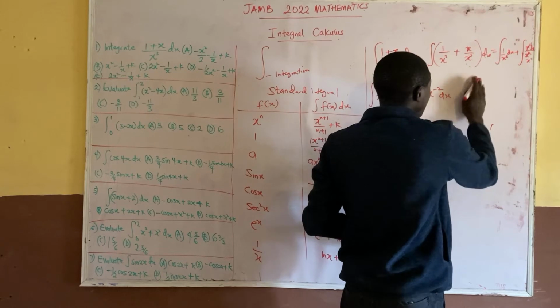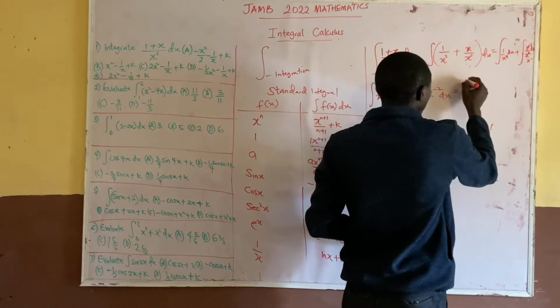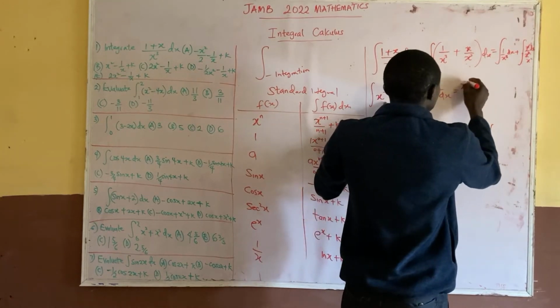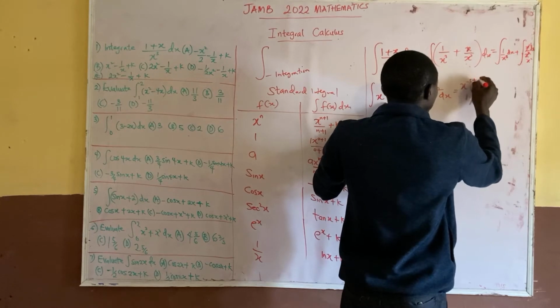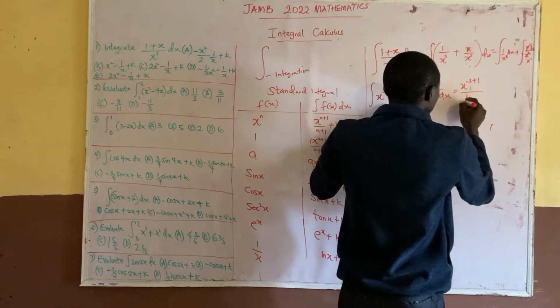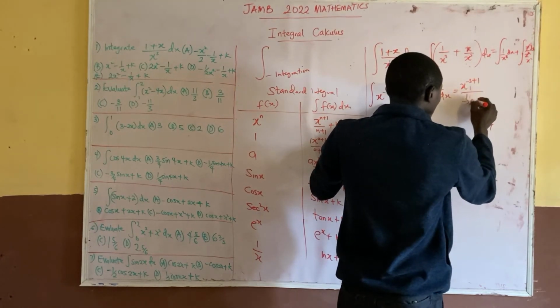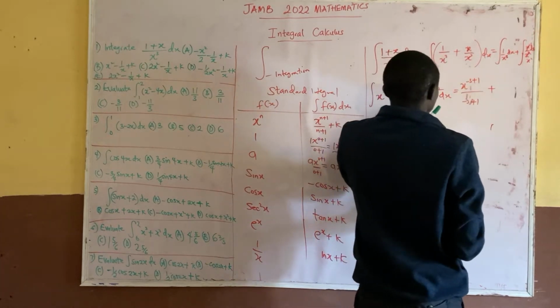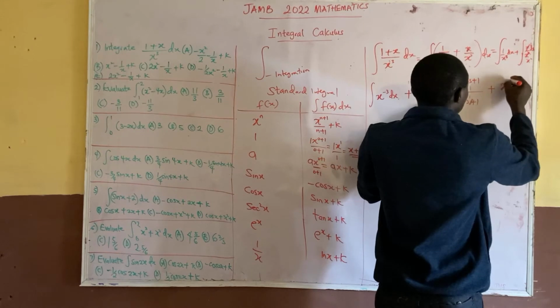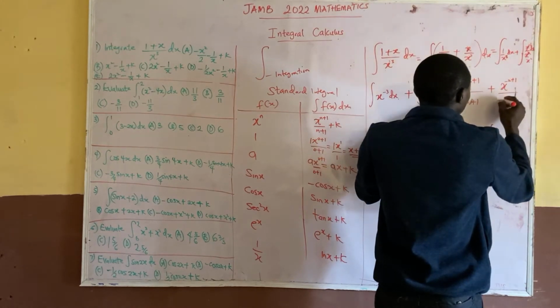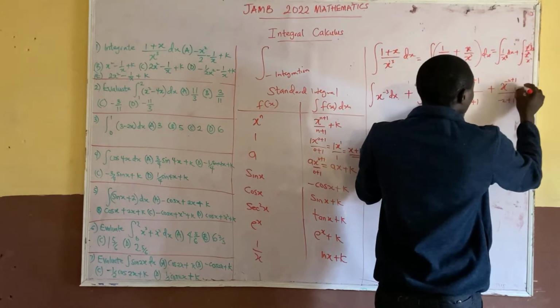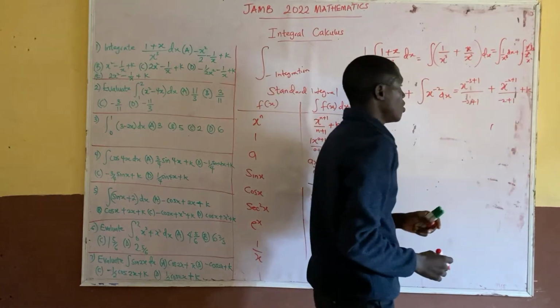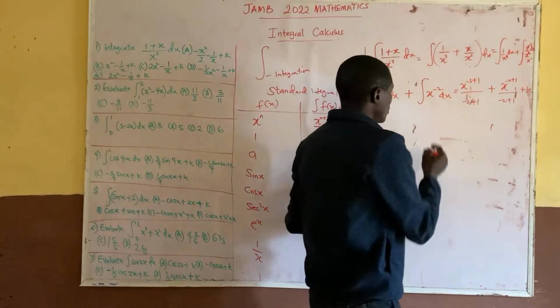So when you integrate this, what do we have? Integral of this will have x to the minus 3. You add 1 to the power and you bring the power down: minus 3 plus 1, plus x raised to power minus 2 plus 1 all over minus 2 plus 1, plus k. So that's the integration of it.